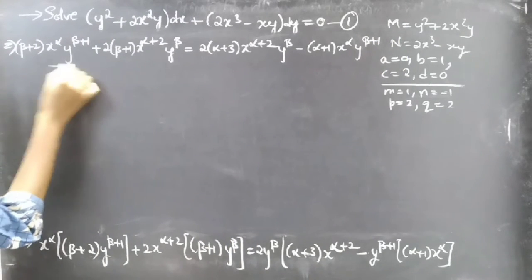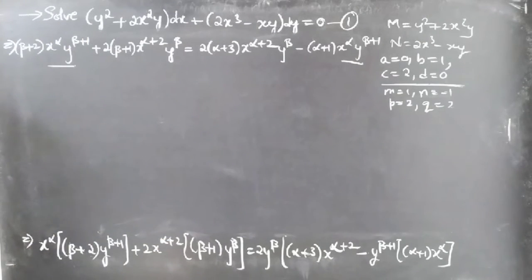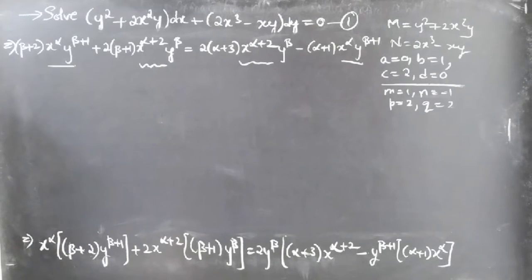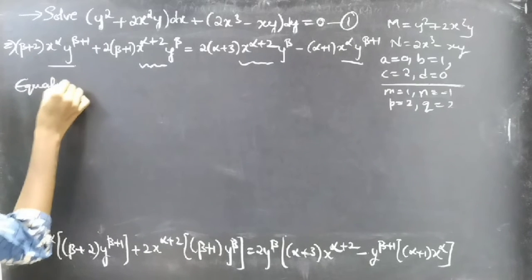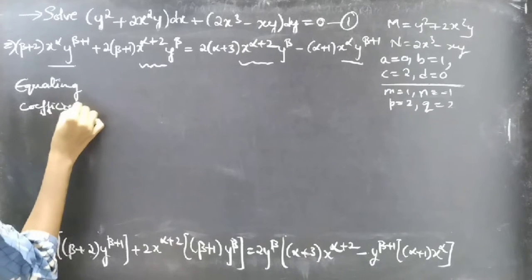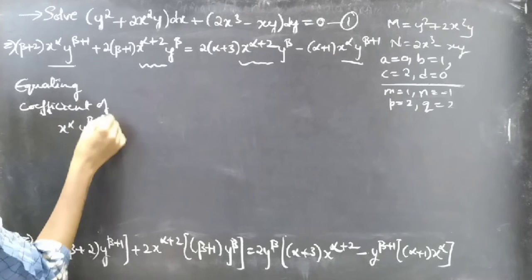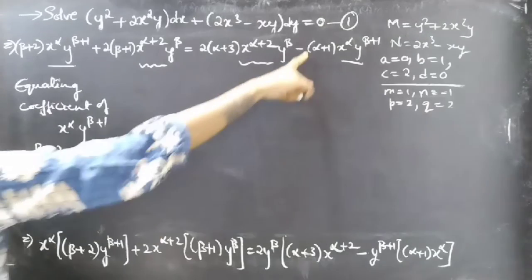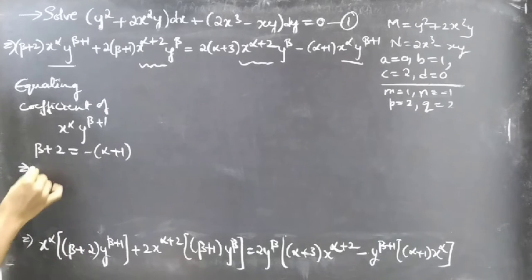Now let's equate the quotient of x power alpha y power beta plus 1 and equate the quotients of x power alpha plus 2 y power beta. Okay, equating coefficient of x power alpha y power beta plus 1, which gives us beta plus 2 equal to minus of alpha plus 1, right?